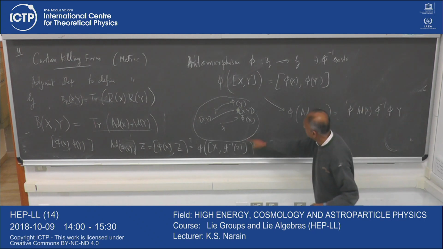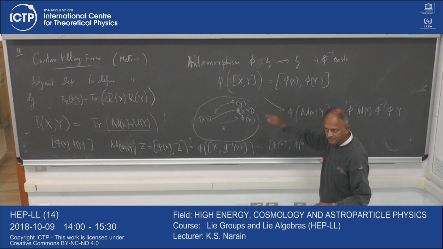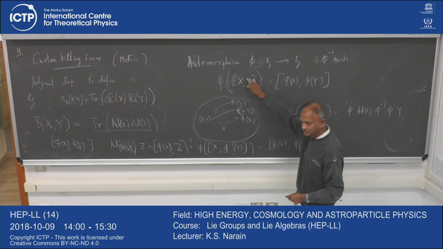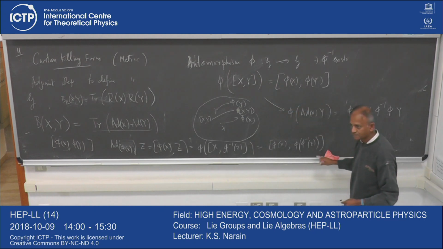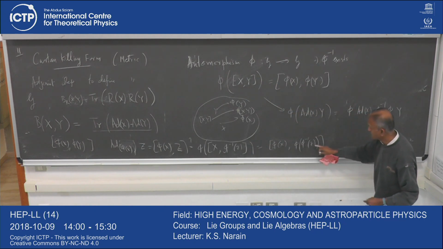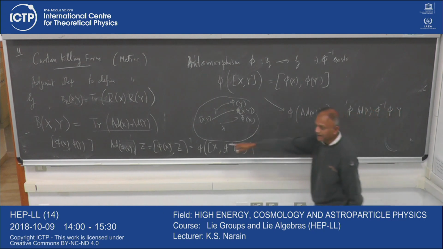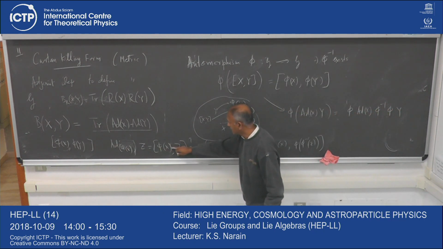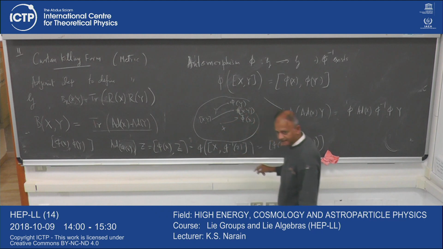And here I'm using this property. This is the definition of an automorphism, which preserves the Lie bracket. I'm just using that definition. But phi of phi inverse of z is z, so you get back that. So that's why this can be rewritten as that.